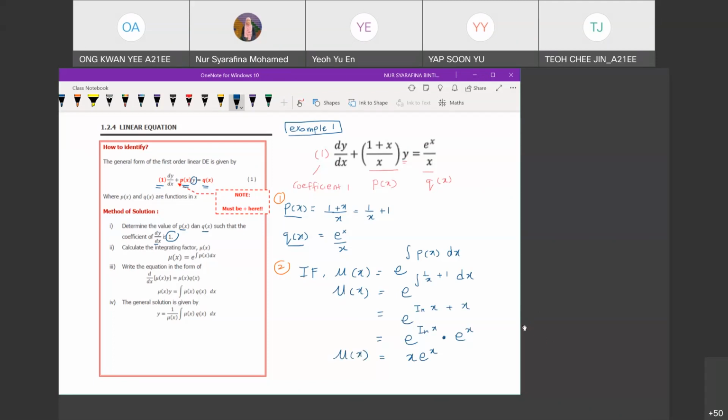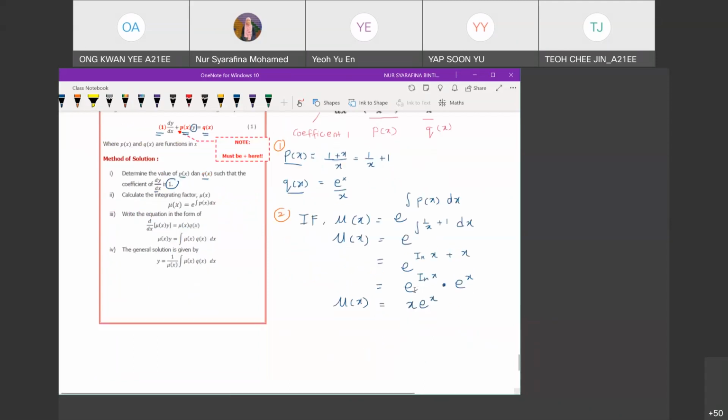Okay, so this is your second step. And what is your third step here? Write the equation in the form d/dx of mu(x) y equals mu(x) Q(x), where you can write this as mu(x) y equals the integral of mu(x) Q(x) with respect to x.